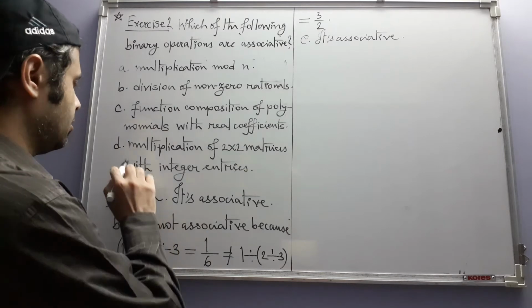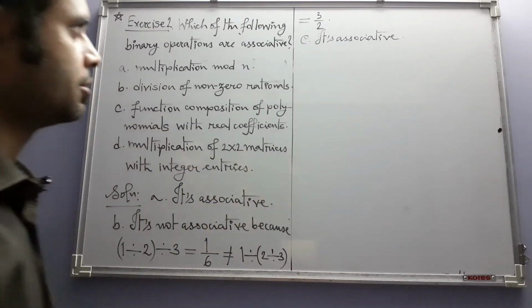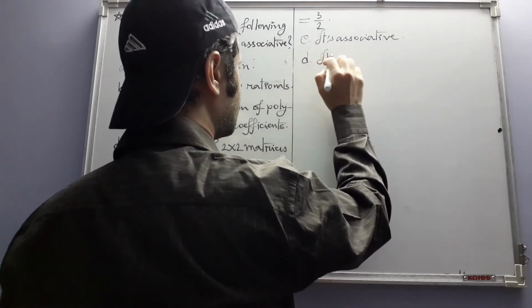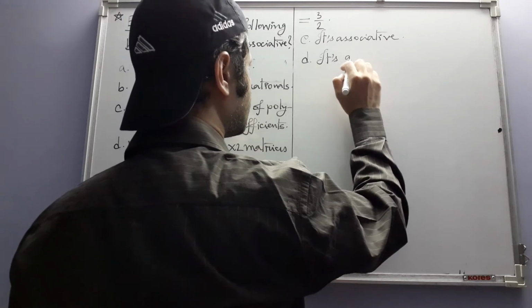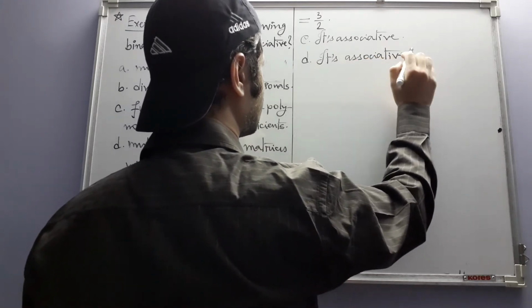And just like that, multiplication of matrices is also an associative operation. So this one is also associative.